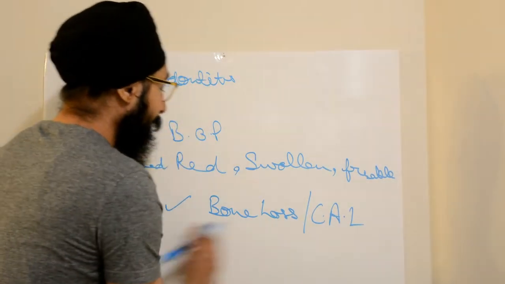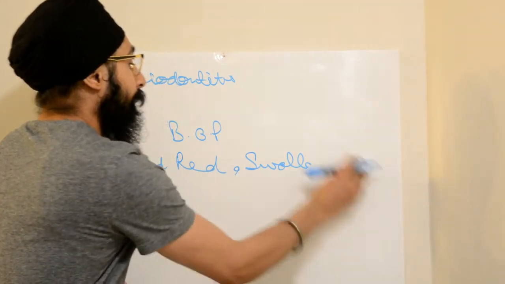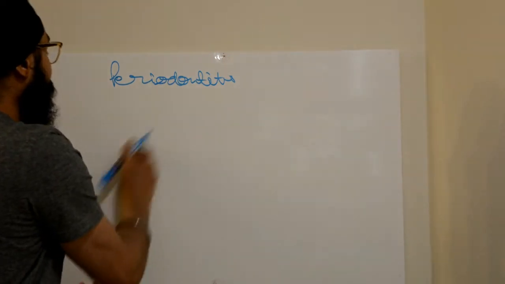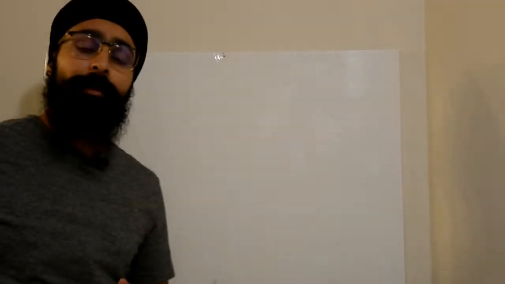Now let's discuss various types of gingivitis along with the perio chart, and after that we will discuss various types of periodontitis along with their perio chart.